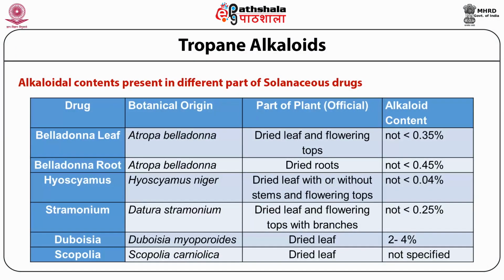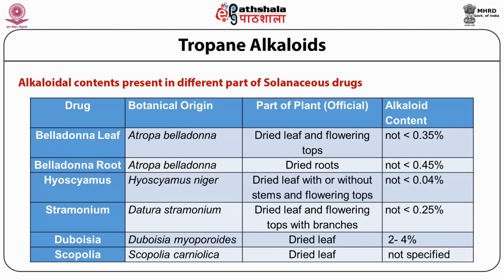This slide provides the details of alkaloidal contents in different parts of some of these solanaceous drugs, like belladonna. It is actually Atropa belladonna. The dried leaves and flowering tops are used. They contain about 0.3% of total alkaloid. The roots contain about 0.45%.